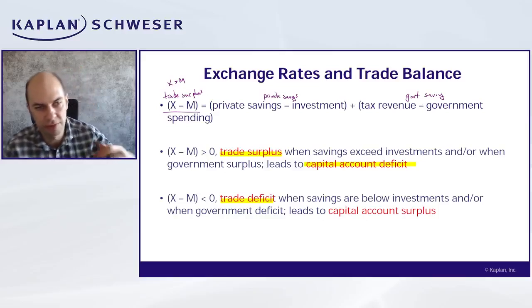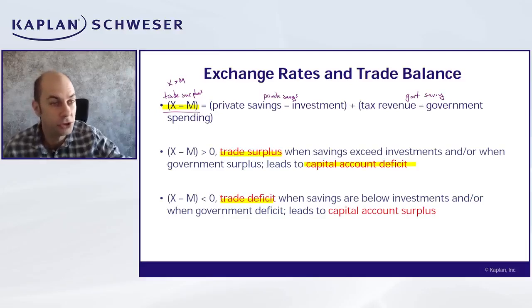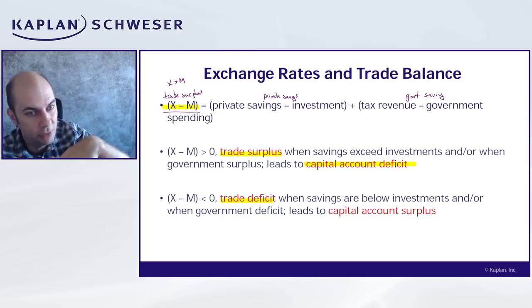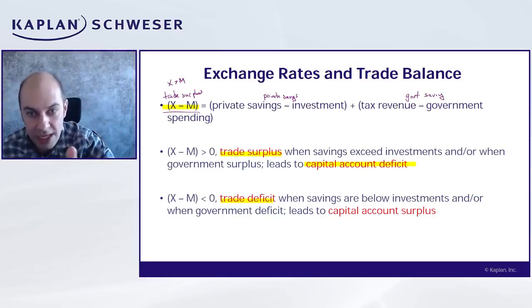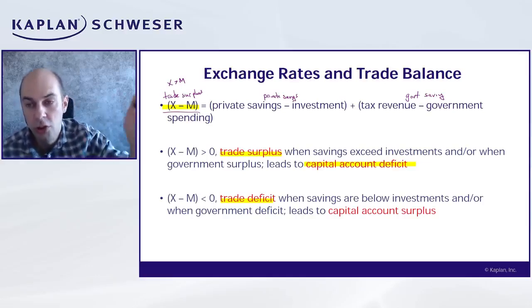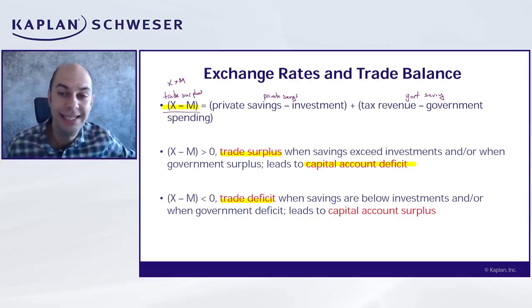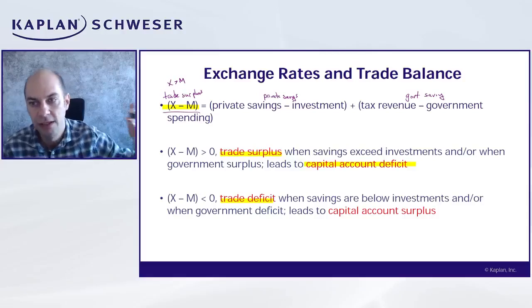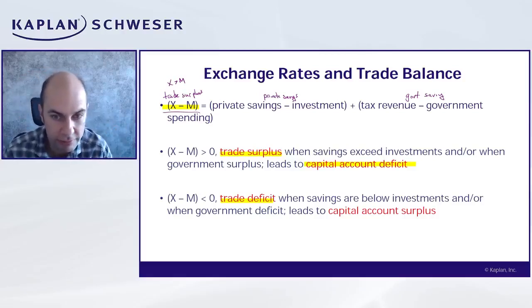So now in terms of the equation, if the left-hand side is negative because we were running a trade deficit, then the right-hand side must be negative as well. So this time maybe your savings are not sufficient to cover investments and or you are running a fiscal deficit, right? Remember, fiscal deficit is when government spending is greater than tax revenue, so the government is borrowing.